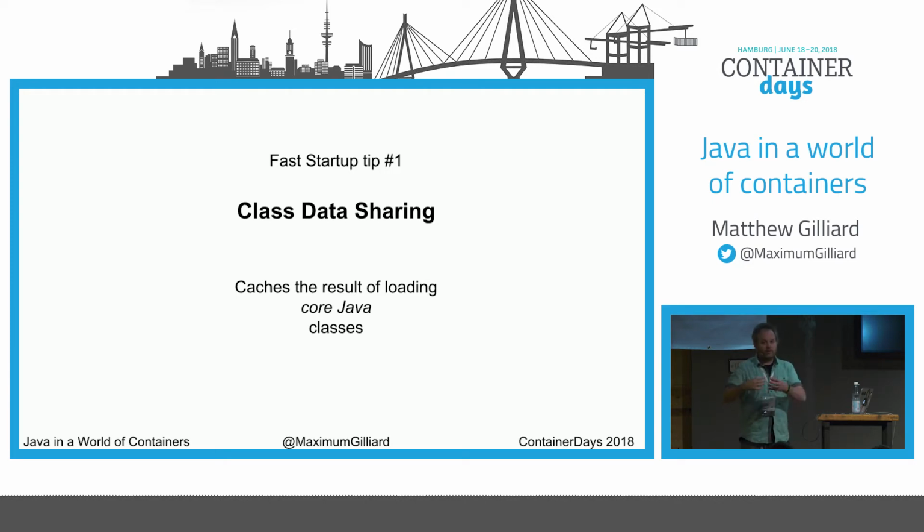And so when you start the JVM, a lot of core Java classes are loaded. They're stored with the JVM on disk in bytecode, right? java.lang.Object, java.lang.String, java.util.HashMap, all that kind of stuff that every application uses is stored as bytecode on disk. And the bytecode is loaded, parsed, verified, and there's some kind of relinking step that I'm not enough of a JVM internals expert to know the details of.